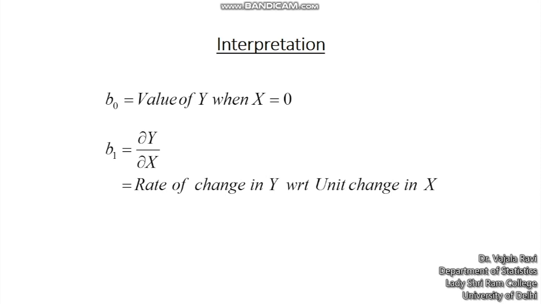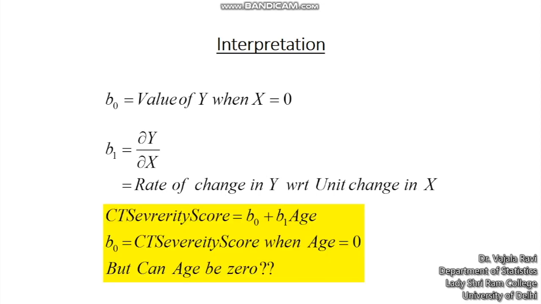As an example, let's talk about the data that we had seen before, the CT severity score and age. They appear to be correlated. So I believe that such a regression function would hold good. CT severity score can be determined by age, right? So b naught, as per the above interpretation, is nothing but the CT severity score when age is equal to 0.